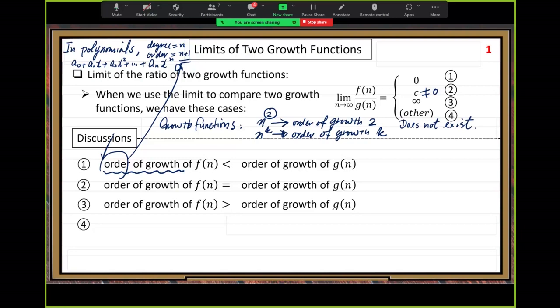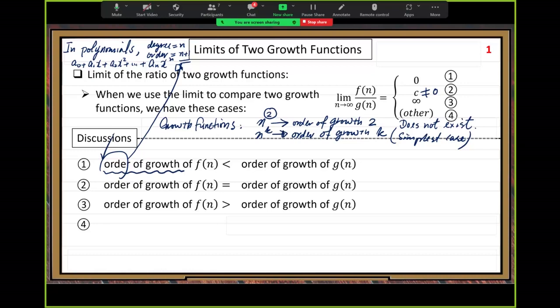But sometimes, for some relatively hard cases, it's hard to use specific numbers to represent order of growth. It's hard to represent order of growth explicitly.